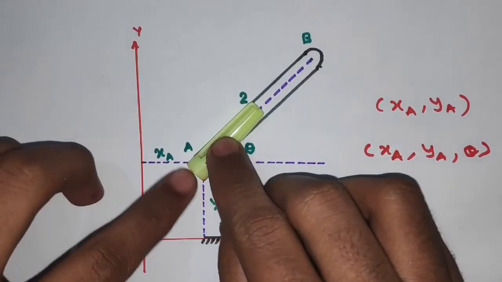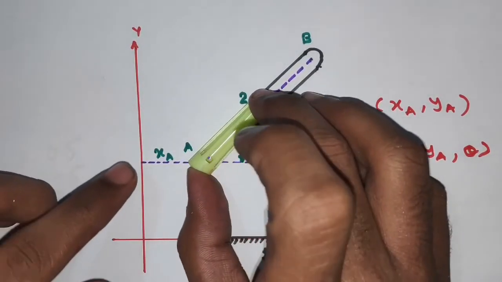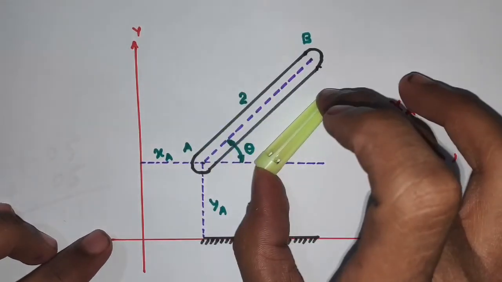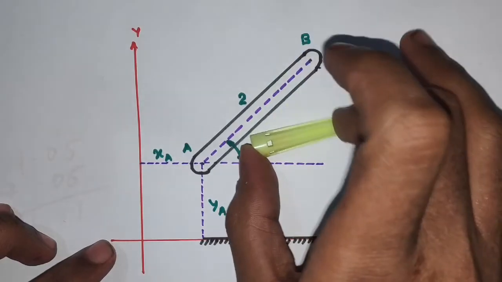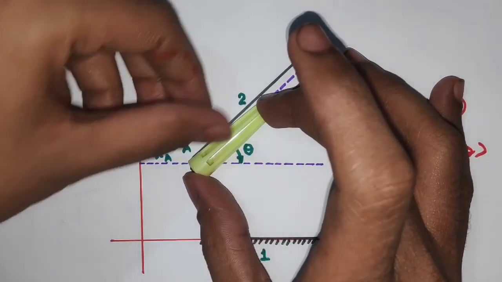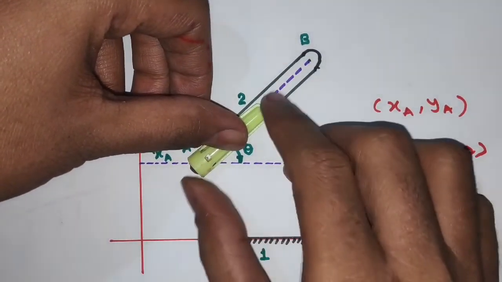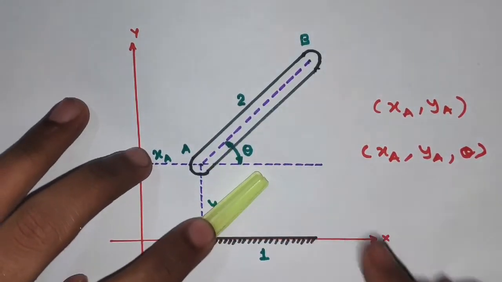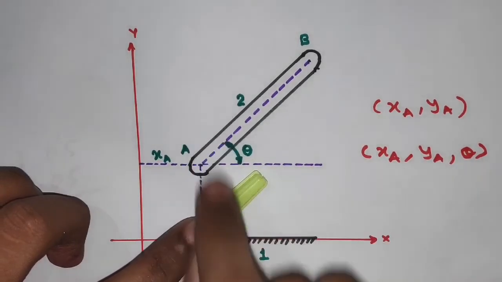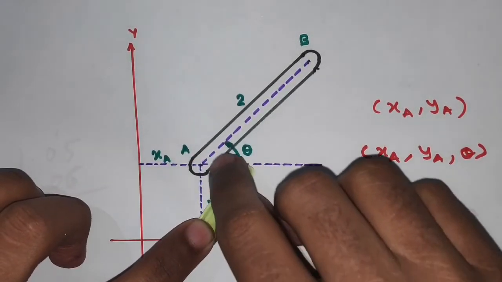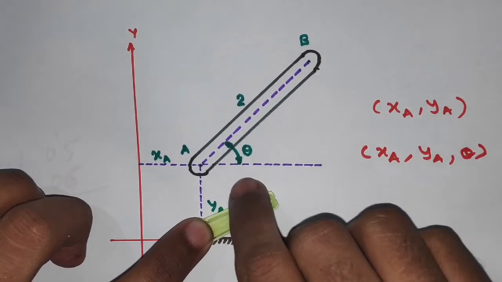Now when it is free to move in 2D space, it can traverse along X, along Y, as well as it can rotate with an angle theta. Now when this end A of this cap is brought and fixed with link number 1, it cannot move in X, it cannot move in Y, but it can only rotate with angle theta.